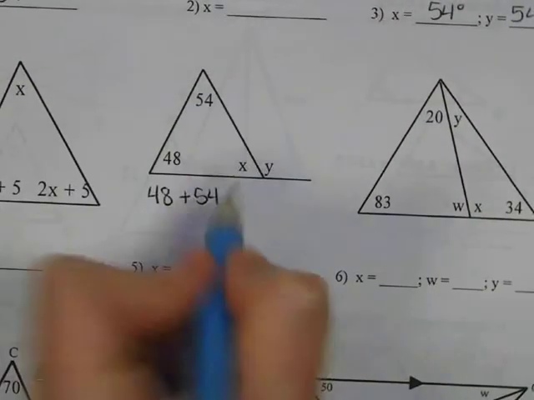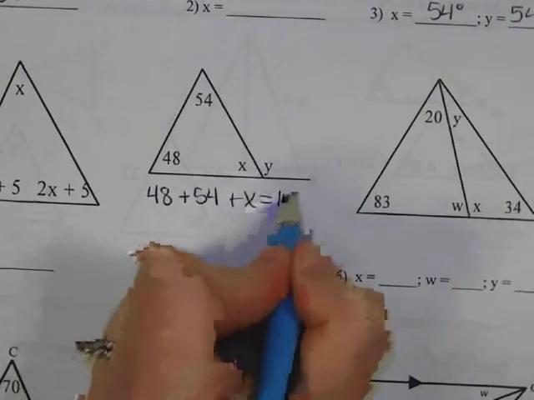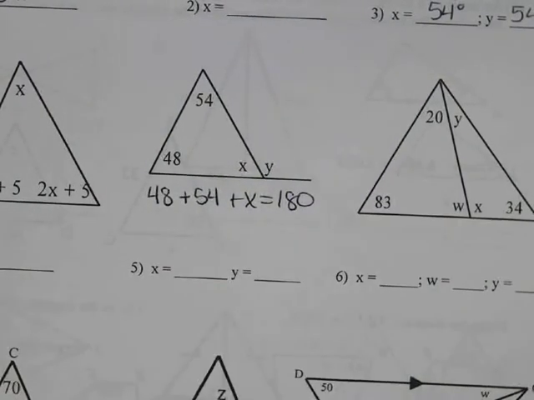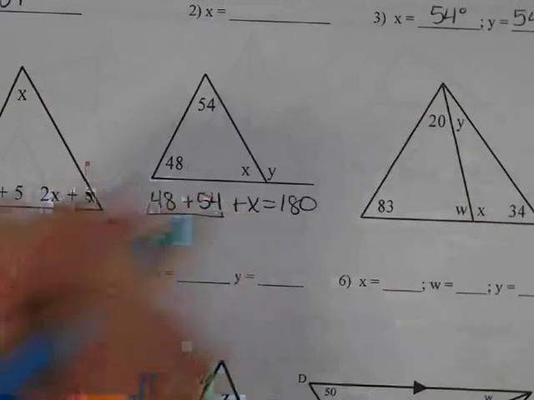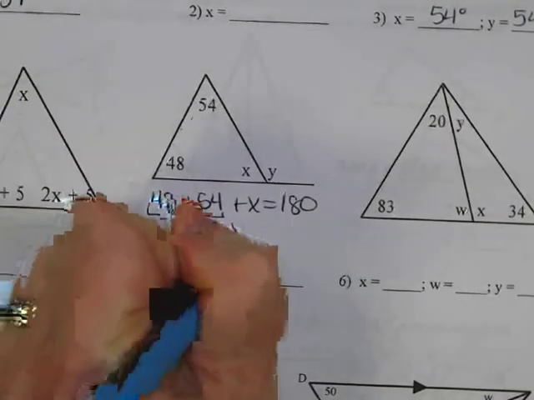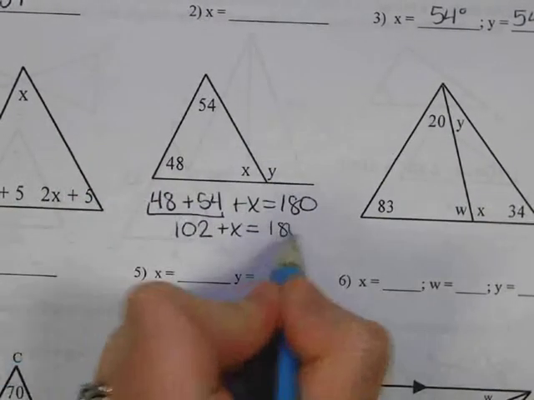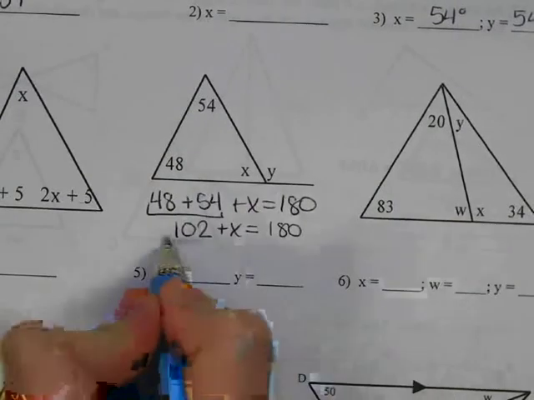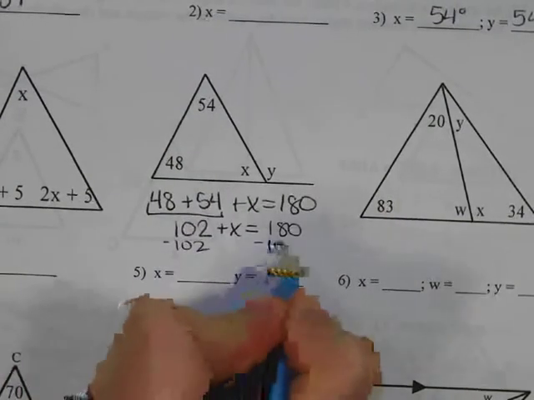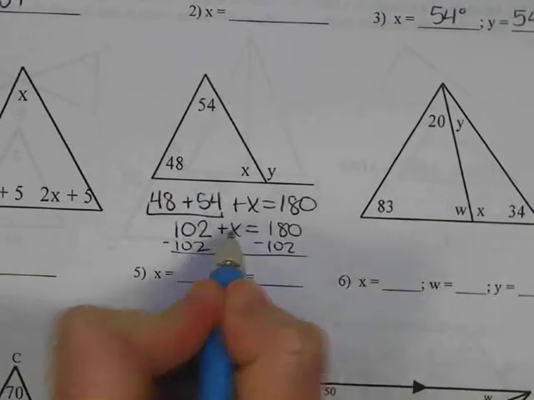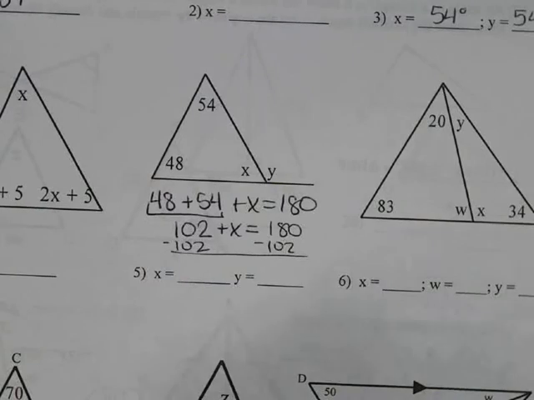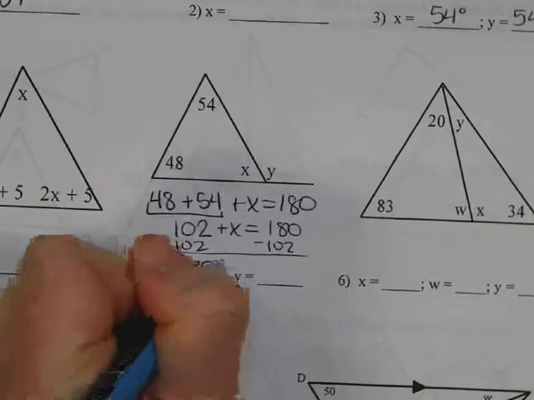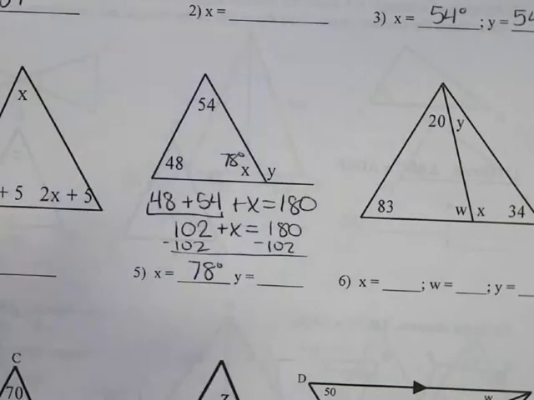So I would say 48 plus 54 plus x equals 180 degrees. 48 plus 54 is 102, so I combine those like terms to say 102 plus x equals 180. I'll subtract 102 from both sides. That gives me x equals 78. So x is 78 degrees.